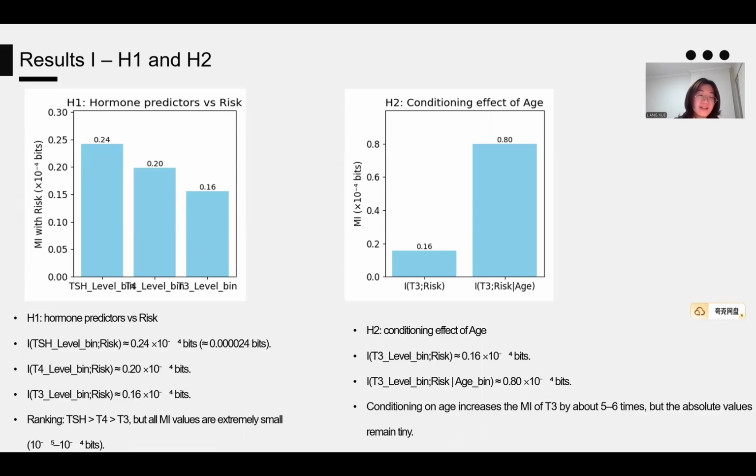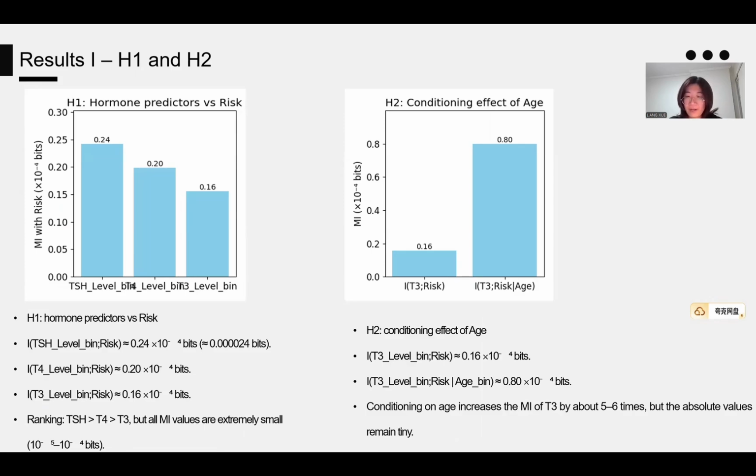For H1, the MI between the hormones and the risk is shown in the figure above. This indicates TSH is greater than T4, and T4 is greater than T3, consistent with the intuition that TSH is a key indicator.